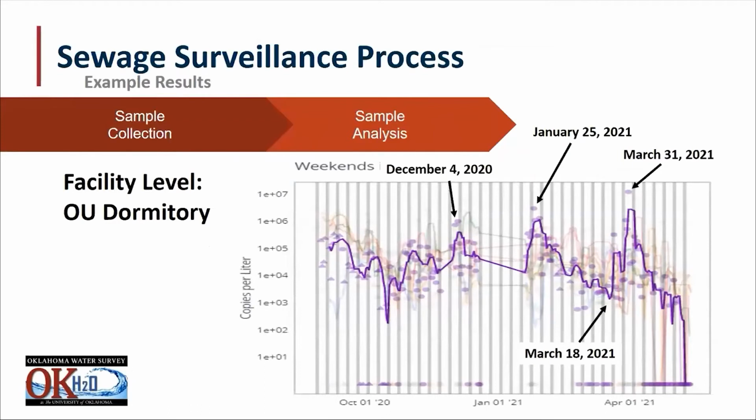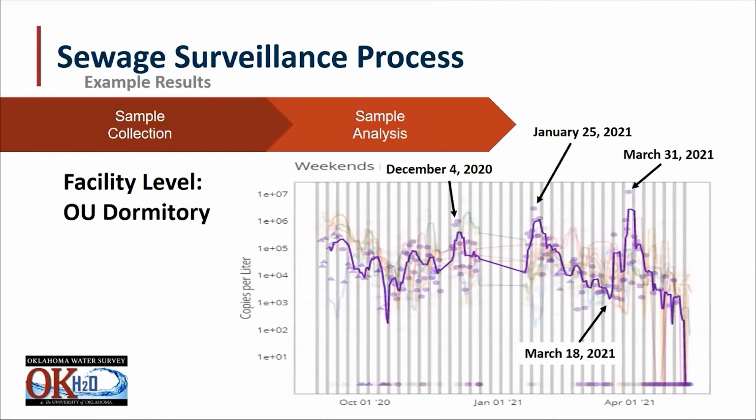Before school started, it was relatively low, and then by January 25th, as school had been in for a week or two, it peaked up quite a bit, continued to go down till March 18th, right before spring break and right before Easter. Then after everybody got back from spring break and Easter, by the end of March, it peaked out again, and then finally it continued to fall off until the summer of 2021, when it got pretty low.